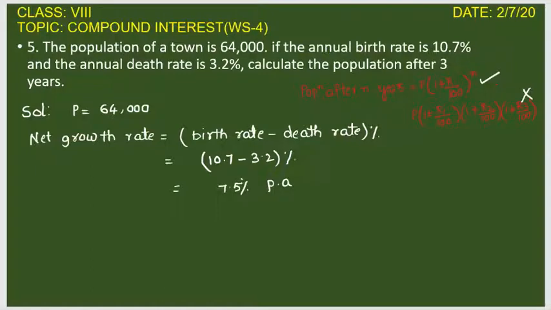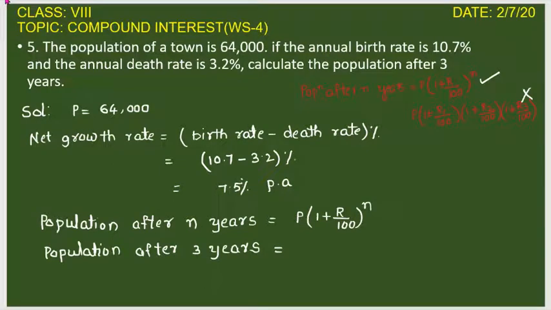So now we have to find what the population is after 3 years. Now I have taken the formula P multiplied by (1 + R/100) whole power n. So now you substitute the given values, children. The P value is given 64,000.